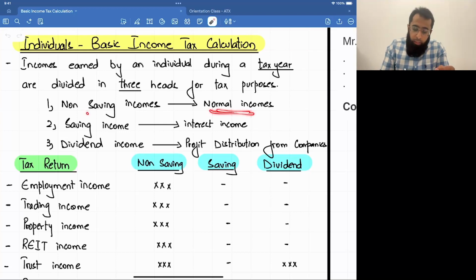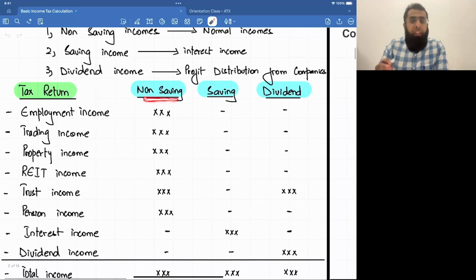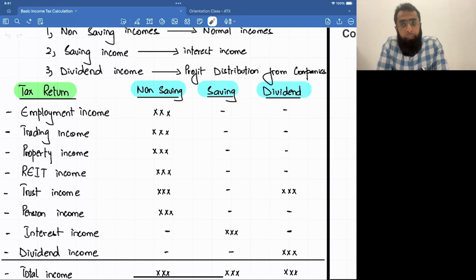Otherwise, all other incomes are normal incomes and are part of non-saving income. So in the tax return, there are 3 columns: non-saving, the normal income head; saving income, the interest income head; and dividend income, the profit distributions which we are getting.